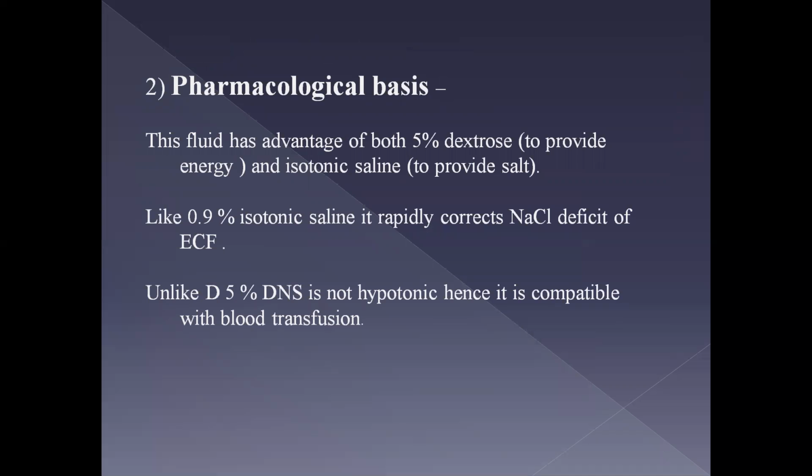Now, the pharmacological basis. This fluid has the advantage of both 5% dextrose, which provides energy, and isotonic saline, which provides salt. Like 0.9% isotonic saline, it rapidly corrects NaCl deficit of ECF. Unlike D5, DNS is not hypotonic, hence it is compatible with blood transfusion.